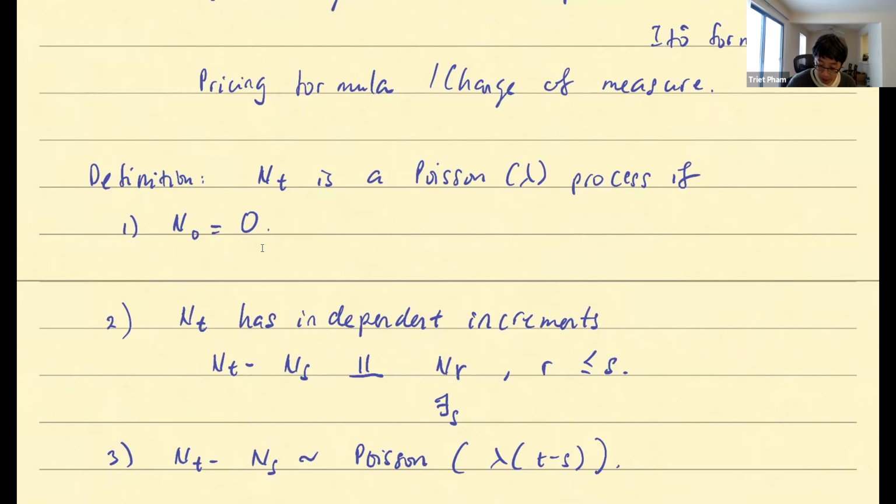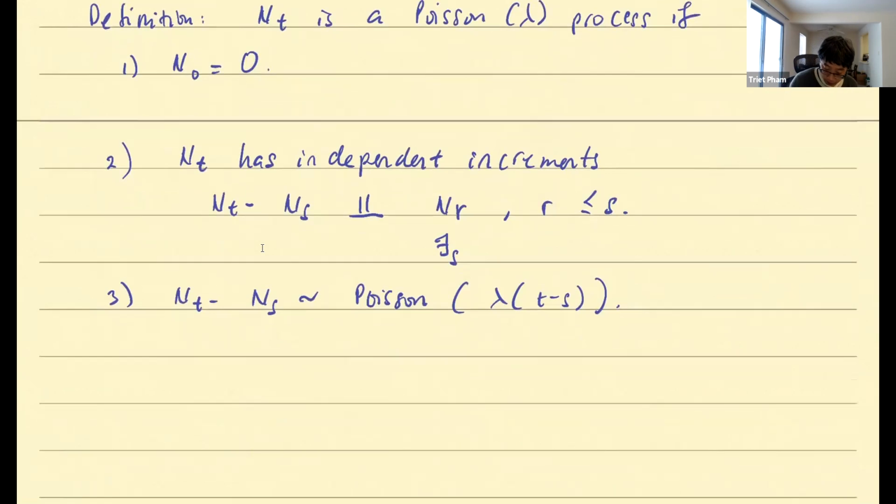So that means that if you were to graph the Poisson process, you see that it starts at 0. It will continue for a little bit, and then it will jump to 1. And then it will continue for a little bit, and it will jump to 2.